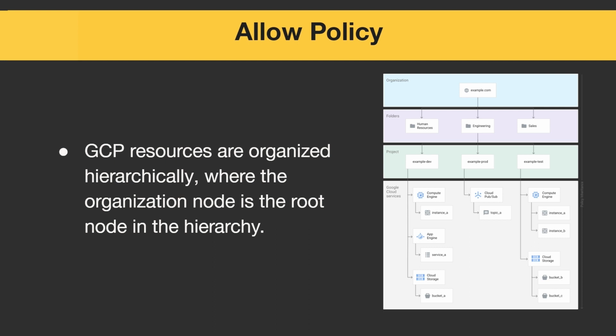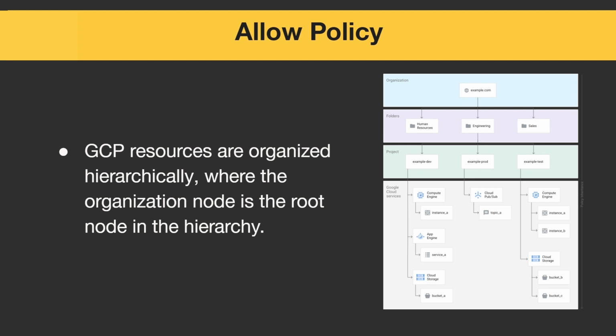Now, GCP resources are organized hierarchically, where the organization node is the root node in the hierarchy, right? The main top level is the organization, which is your company name. Under the organization you have multiple folders, which are only for hierarchy purposes, not for technical purposes.